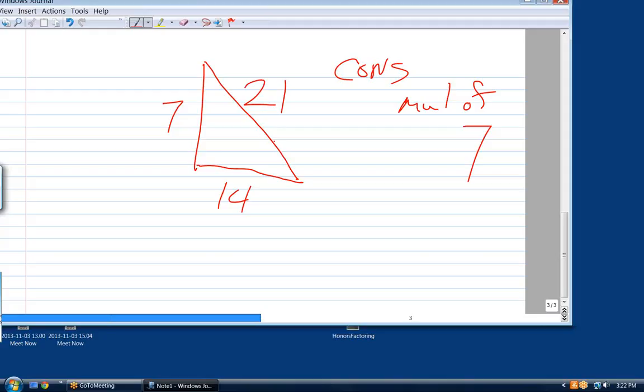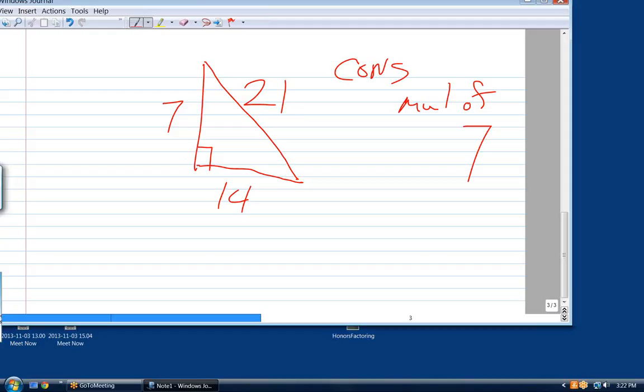They must have given you some other information. Nope. That's the whole problem. The sides of the triangle are multiples of 7, or it could be 14, 21, 28. Okay, I get it now.